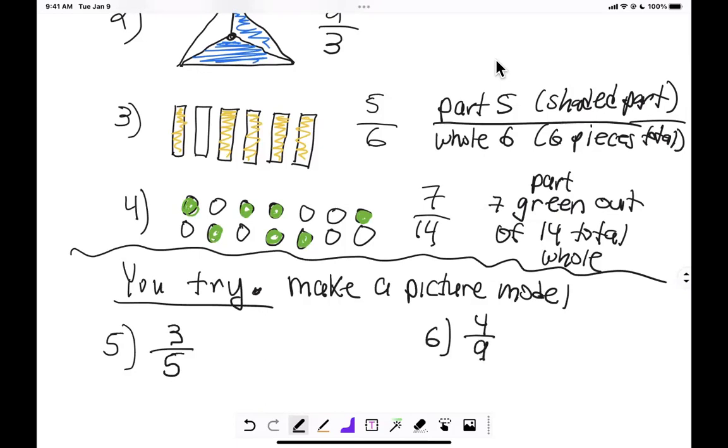I didn't make them too big, so you don't have too much to draw. So just take a minute and draw a model of each. It doesn't matter what you create with it. Just make a picture representation. And I'll give you a minute.